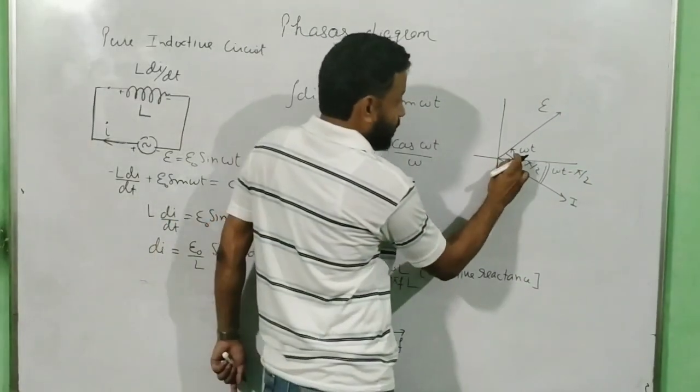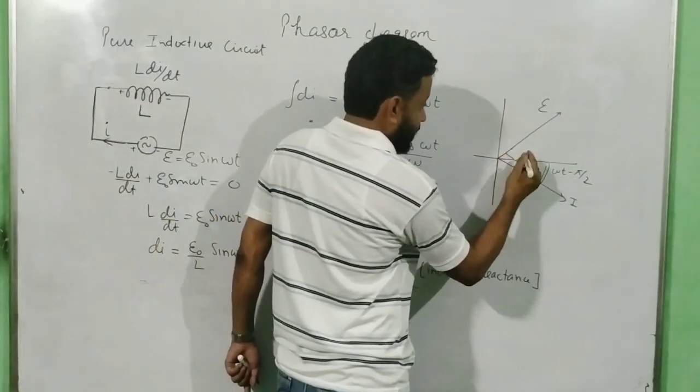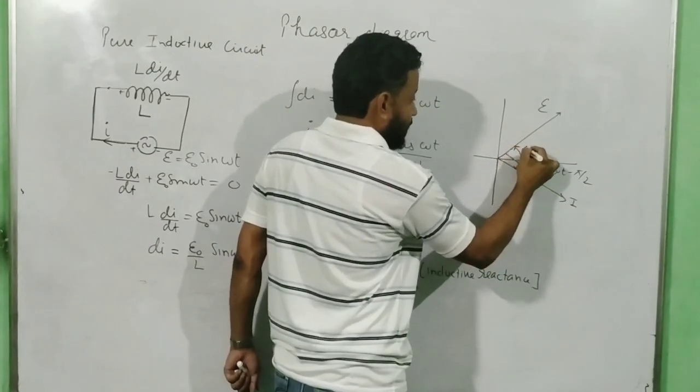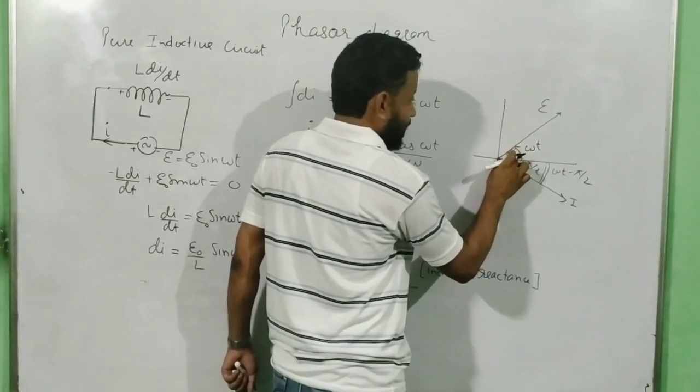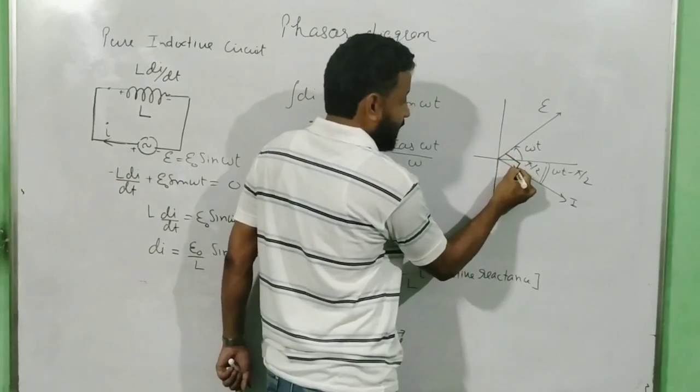From here to here is omega t, and from here to here is pi by 2.